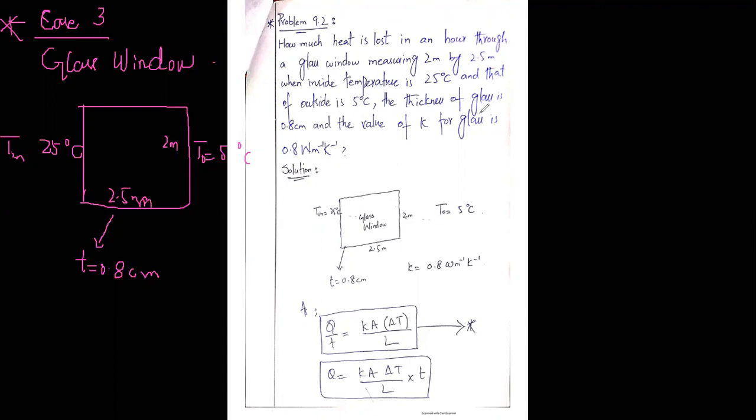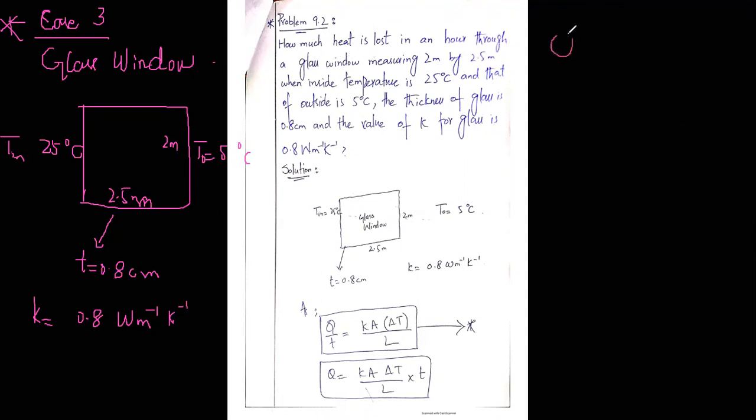The value of K is 0.8 watt per meter per Kelvin. We have to find how much heat is lost in an hour.